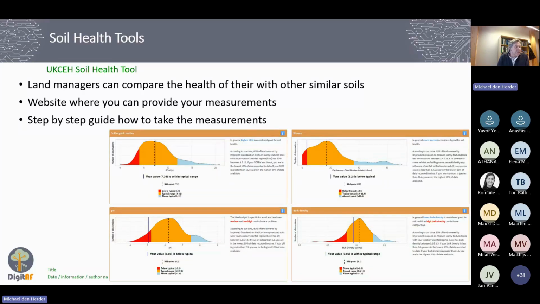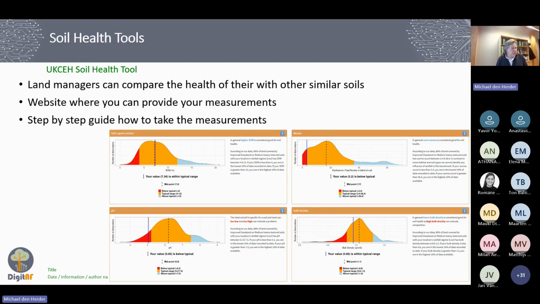It doesn't give you an estimate of how healthy your soil is, but it gives you an estimate of how the soil on your farm compares with other farms in the same sector. Then you can think about ways to improve your management.